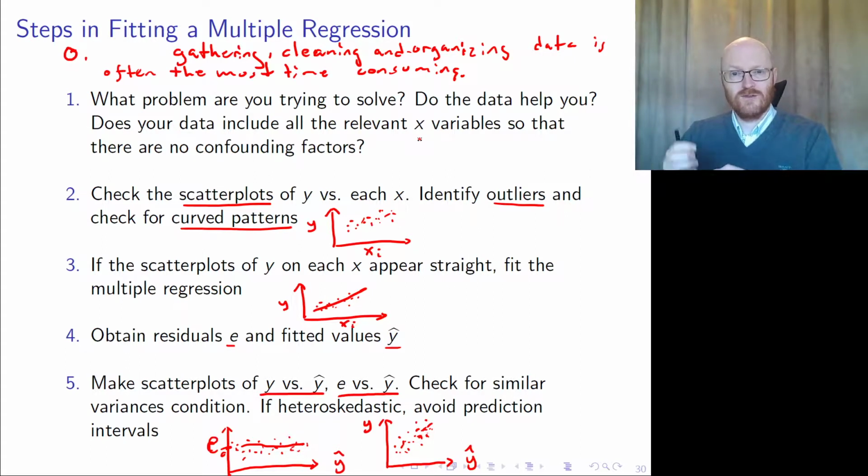Maybe you have forgotten an x variable which is quite important to explain the y variable.